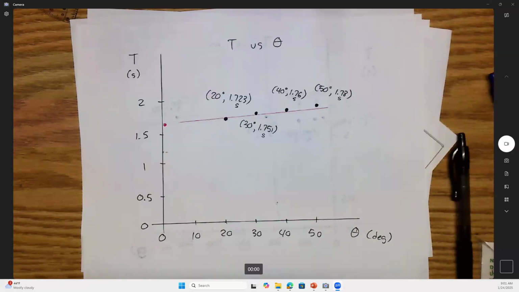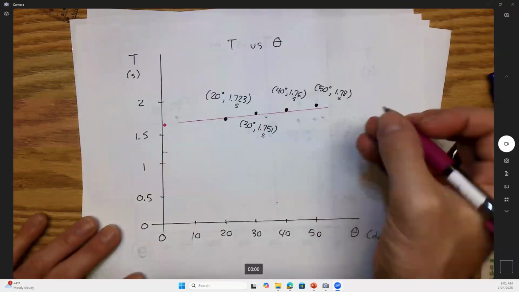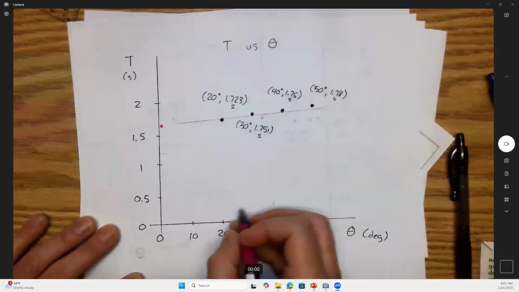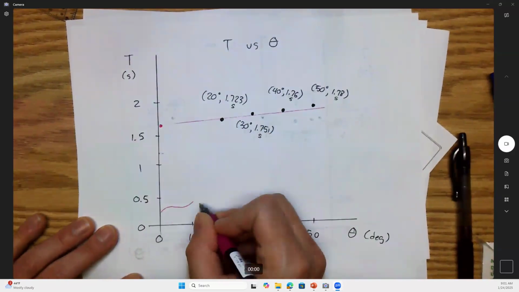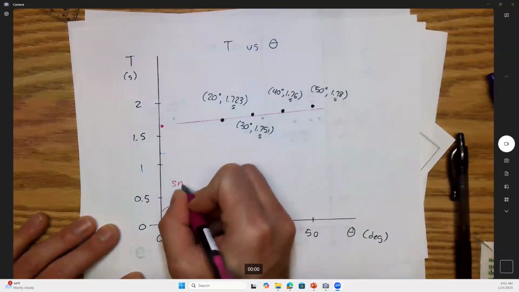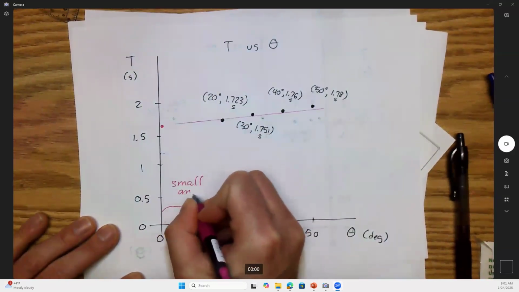Oh, I remember what I was saying. If AP asks you some question about this on, say, a free response question, I've seen this in the past. One of the details they're looking for full credit is that you mention a small angle. I'm going to write that down. Usually they keep it less than 20 degrees. So I'm going to say small angle, right?